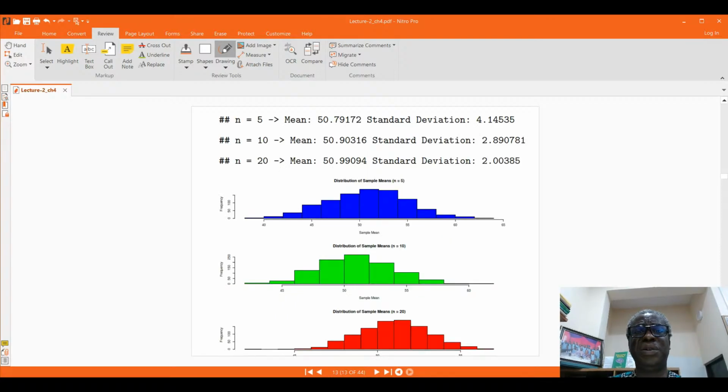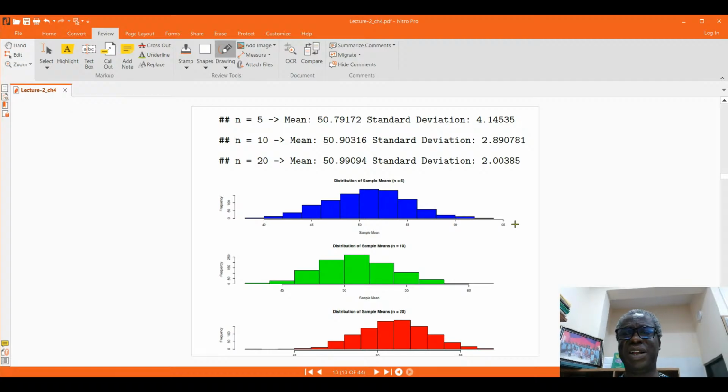So for the first sample, when the sample size is 5, all possible samples of size 5 were drawn from that population of 100. We plot the sample means of all the possible samples. That's what you have here.